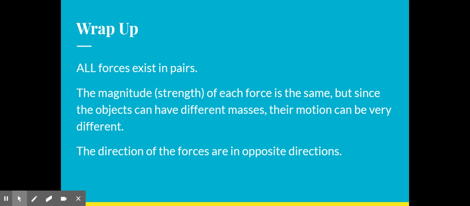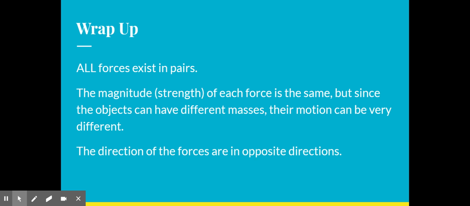Then, just to wrap up, all forces exist in pairs. It doesn't matter what the force is. If it's some of the forces that we haven't talked about yet, like electromagnetism, two charged objects always attract each other.